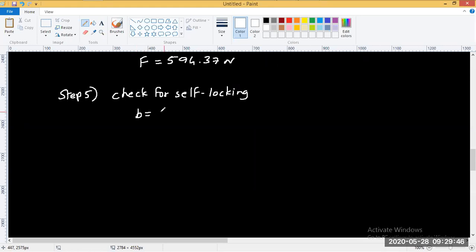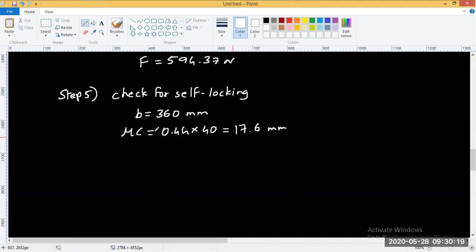So b, what you have in the data, is 360 mm, and mu times c. Mu is 0.44 and c was just 40 mm, right? So multiplying 0.44 into 40, you're getting 17.6 mm.